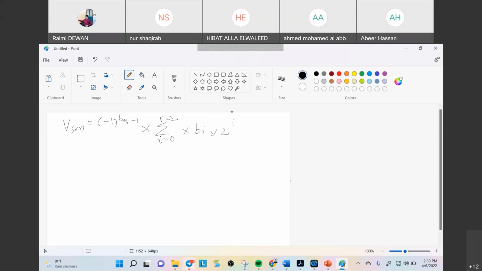So V is the sign magnitude. For example, if you have the number 1010, how many bits do you have here? It's 4 bits.